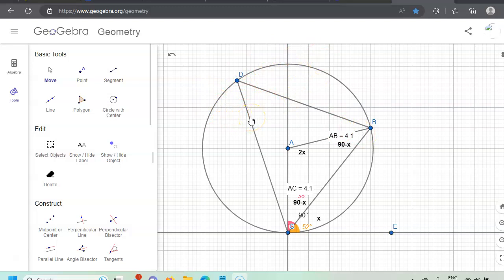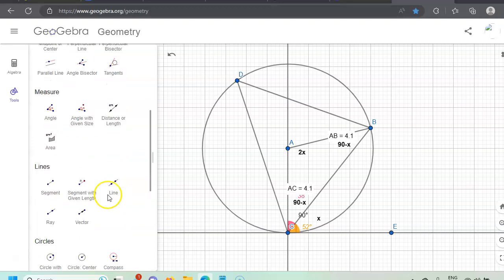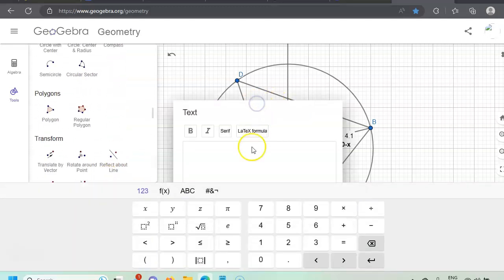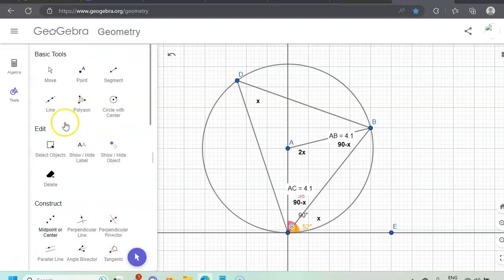So what's the relationship between the inscribed angle and the central angle? We all know that the inscribed angle is always 1/2 the measure of the central angle that subtends the same arc. So what is 1/2 of 2x? It's x. All right, so the measure then of the angle at the alternate segment is equal to x. And what is x at the start of the story?